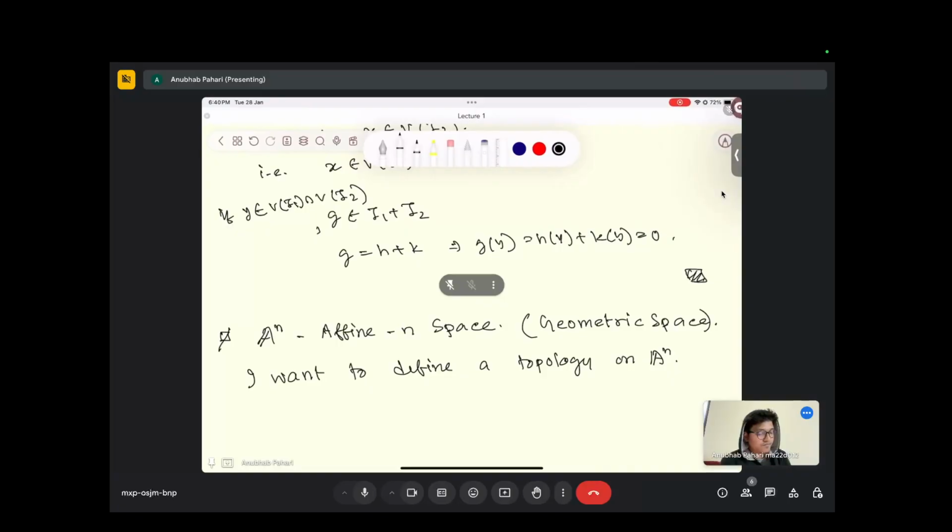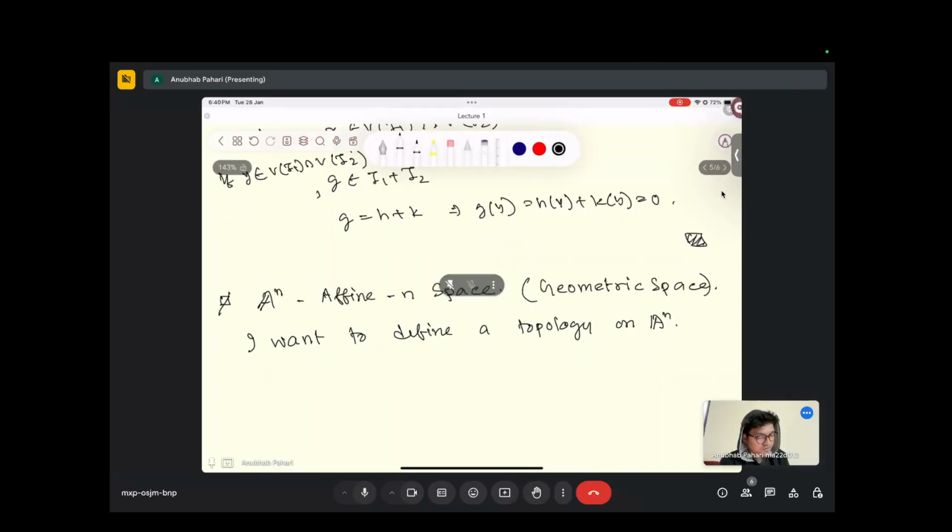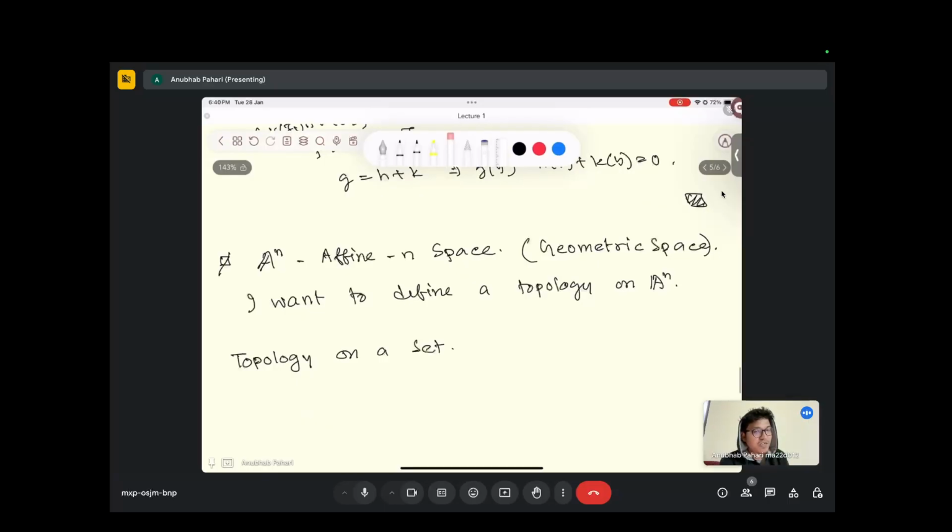So, topology on a set, because a set can be both finite and infinite. Rather than speaking of a space, I think it would be better if we just consider a set.